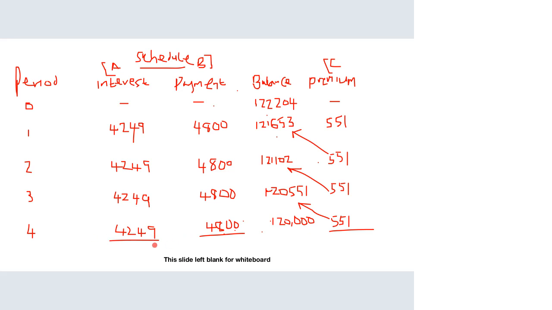So column A is 16,996. Column C is 2,204, and that is what we determined. Then we have column B, 19,200. Okay, thank you.